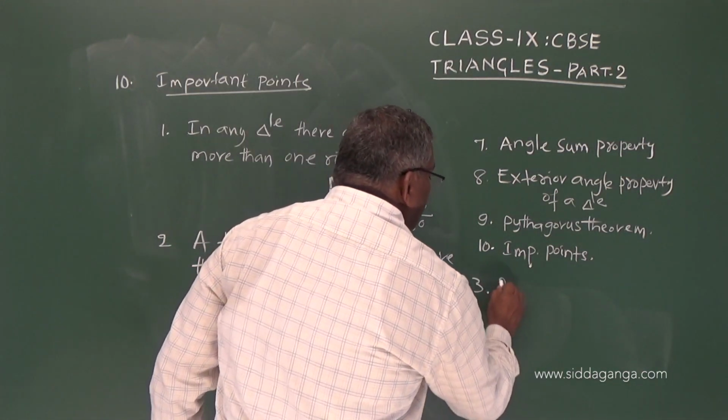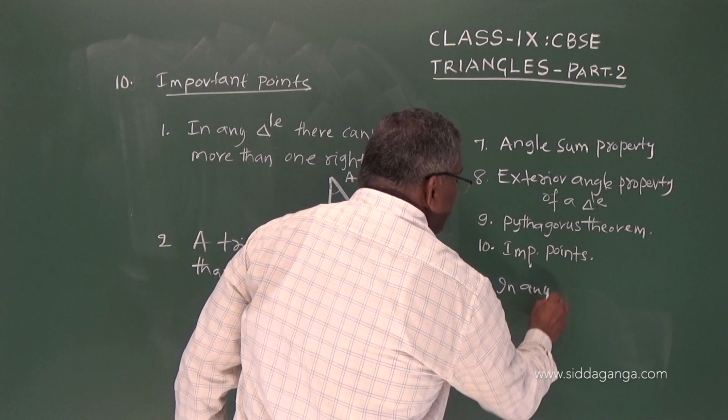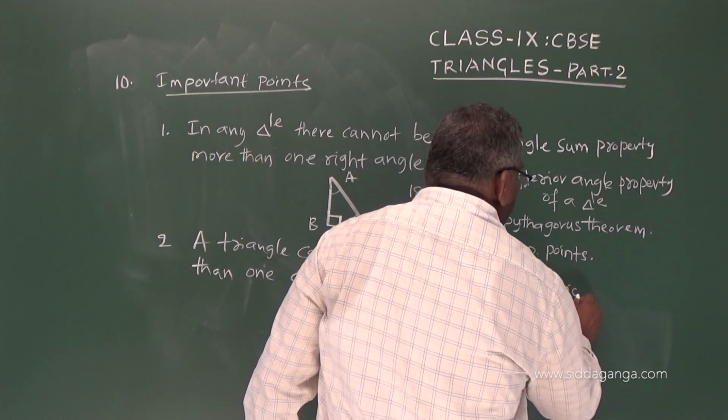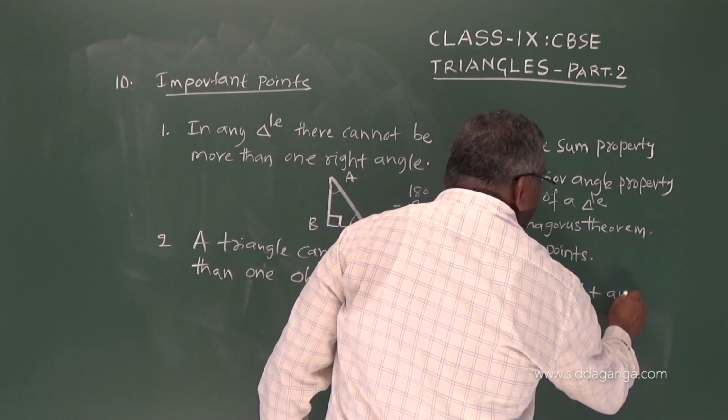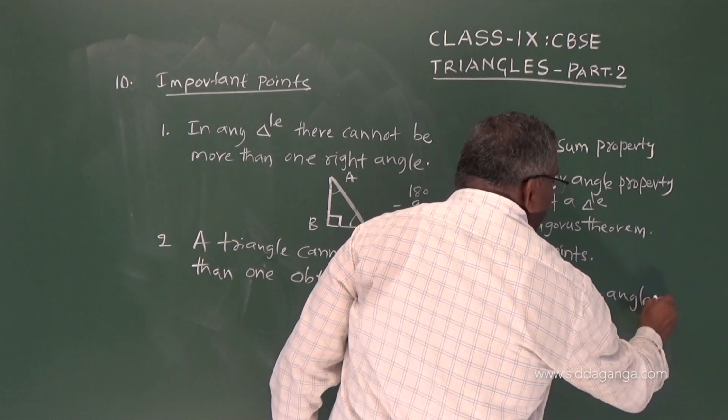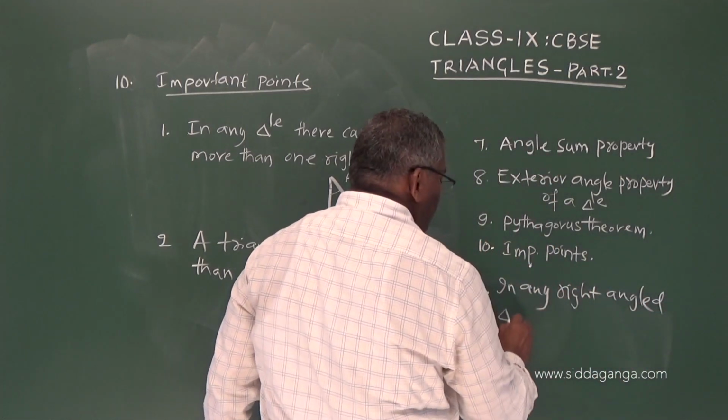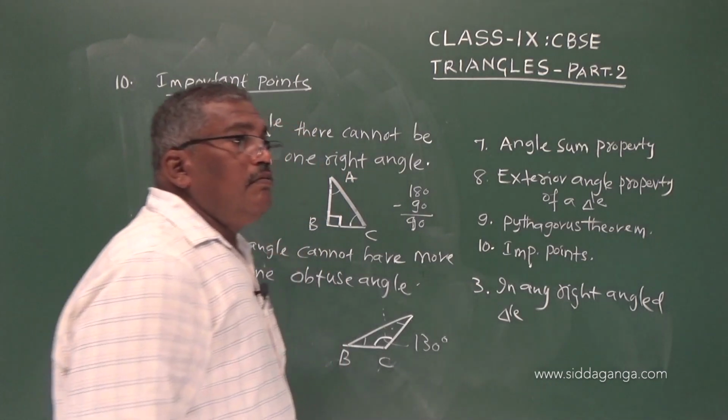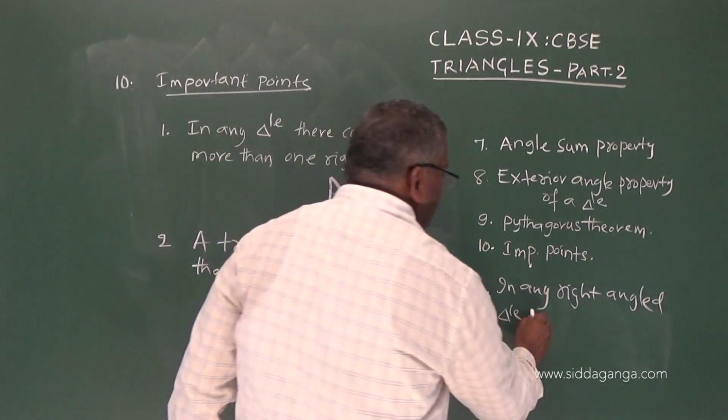In any right angle triangle, the sum of two acute angles will be 90 degree.